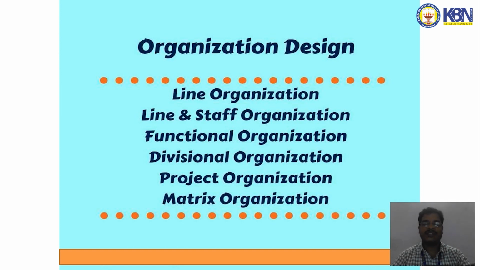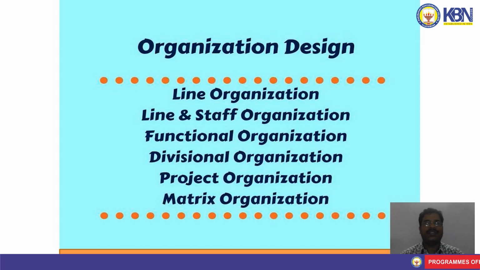We have 6 different types of organizational designs, but among these six, I am going to focus only on the first 3: line organization, line and staff, and functional organizations, because these 3 are more familiar, more famous, and more appropriate in present business scenarios. Every business is applying one of these 3 organizational designs.